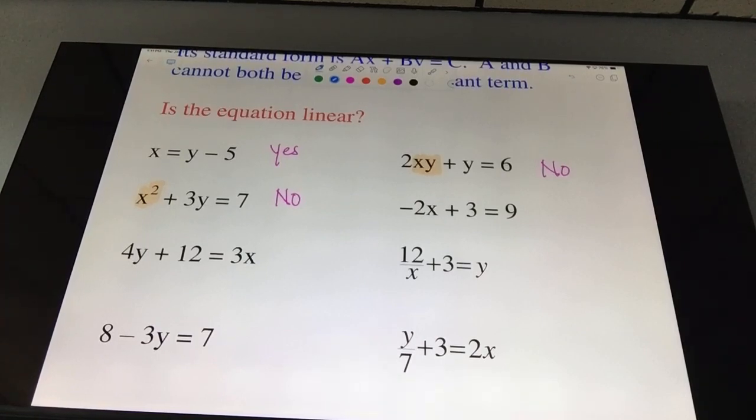My next example just has an x, but there are no products, no quotients, no exponents. So sure, that's a line. The next one, x and y, 12, no products, no quotients, no exponents.